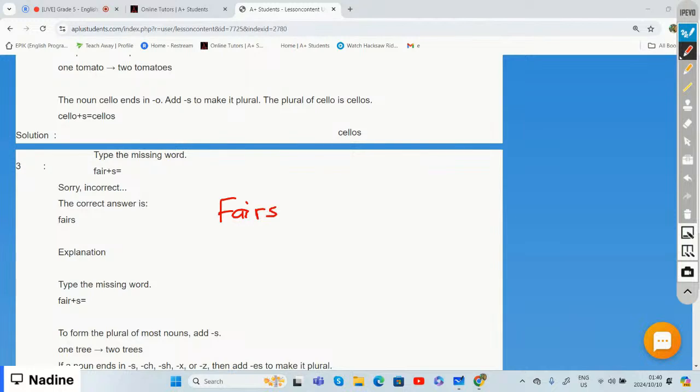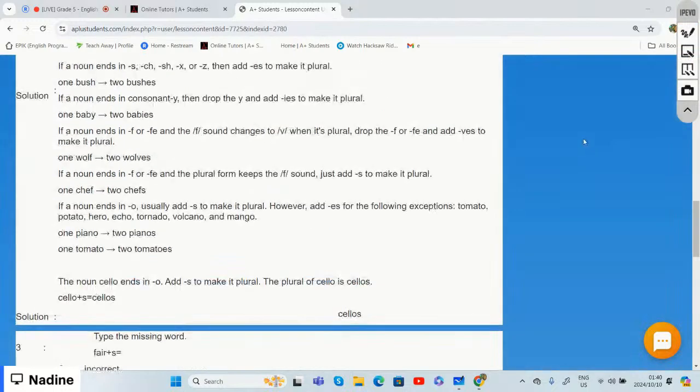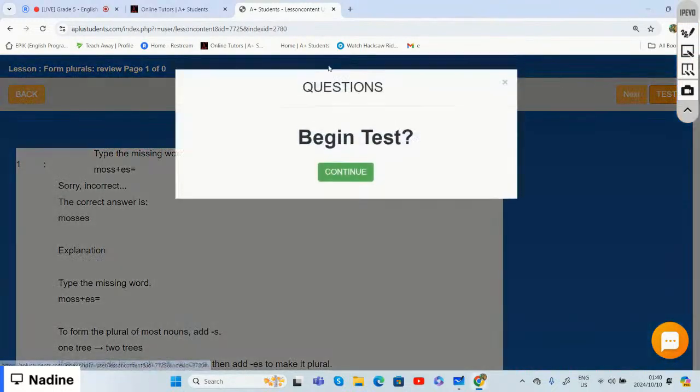So fairs, and we just add an s. Now we're going to our test, and then we are done with our lesson.